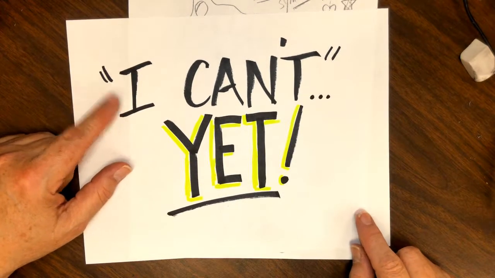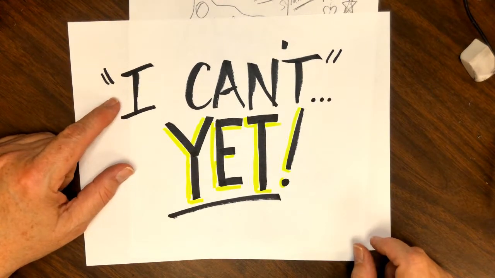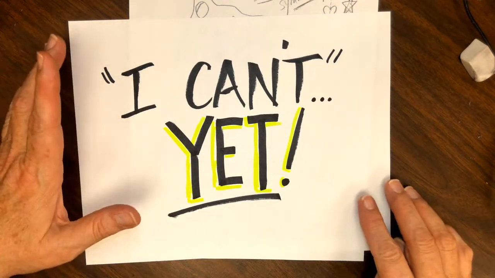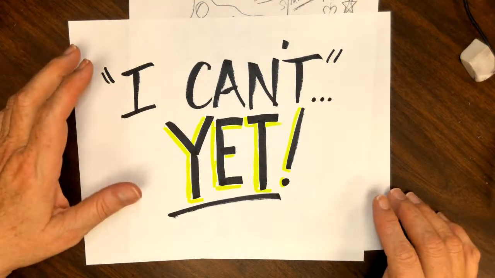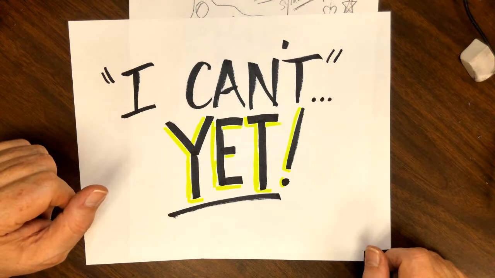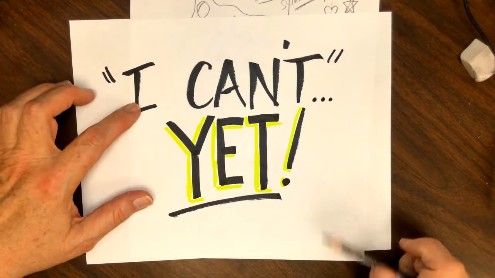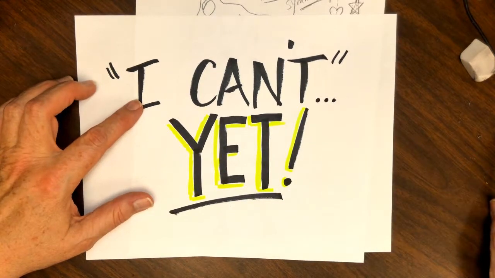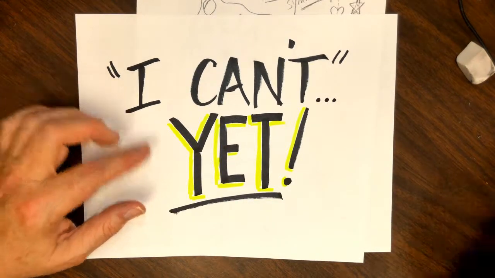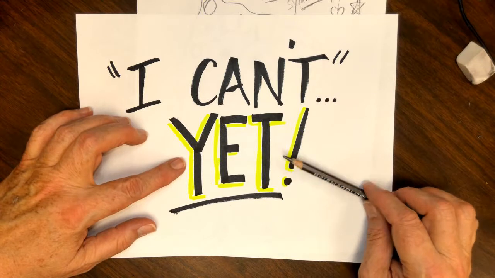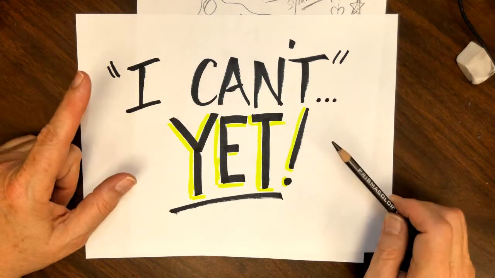I can't draw that. I can't sing that. I can't do that dance. I can't find my backpack. I can't, whatever it is. I can't yet is a much better way of telling your brain, you know what? I'm going to be able to do it.